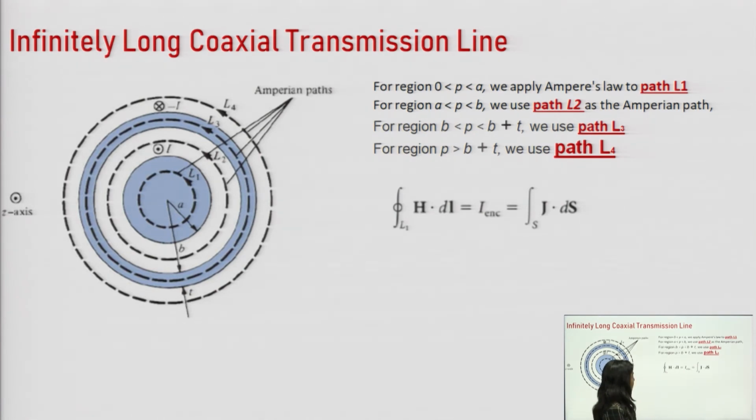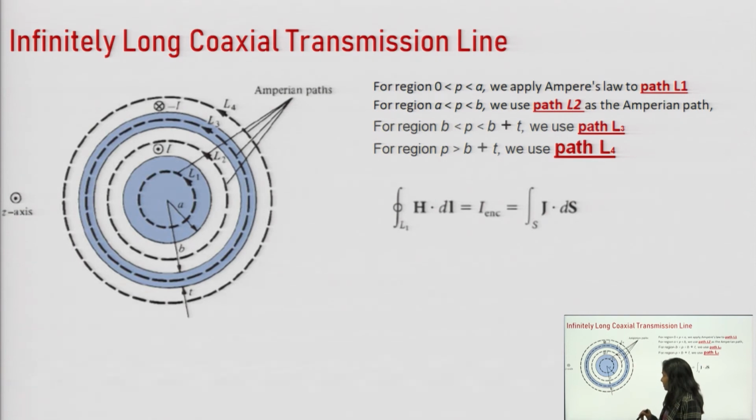A long transmission line basically consists of two conductors, one inserted inside the other. As for example, here you can see one conductor having current minus I, the outer conductor. This shaded part is one conductor and this shaded part is another conductor. One is the outer conductor and this is the inner conductor.